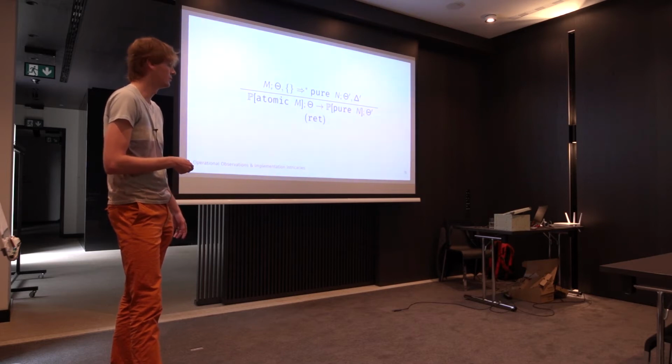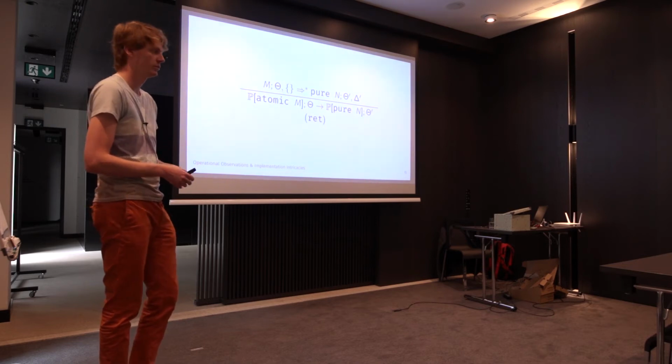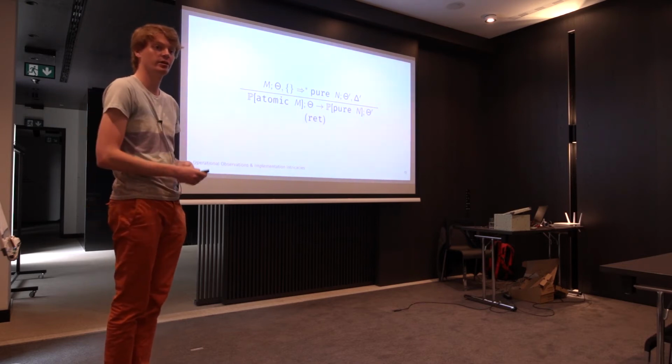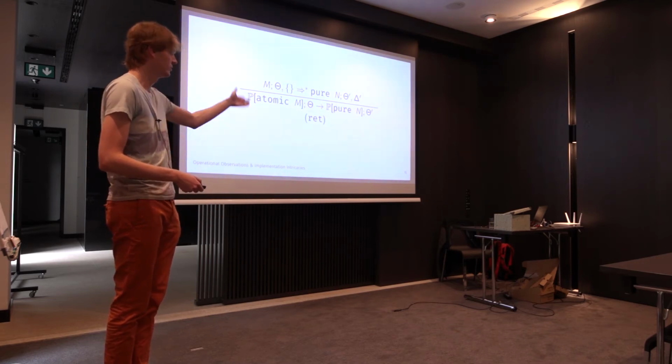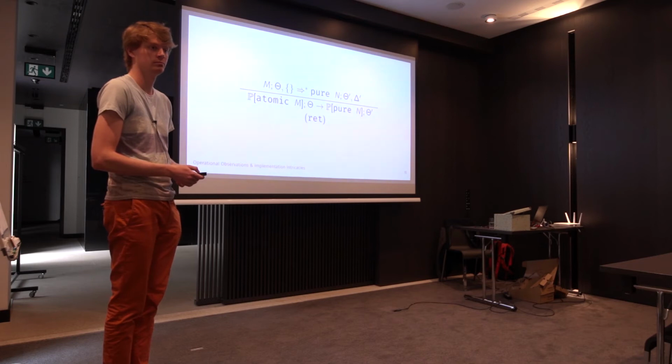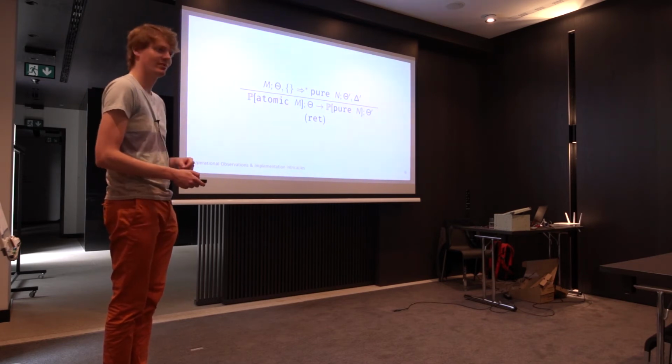Yeah. So it's how an STM transaction turns into an IO transaction, right? Yes. So once you execute atomically, you run an STM transaction, and if it succeeds, you get the value out of it. That's the summary. All right. Next slide.